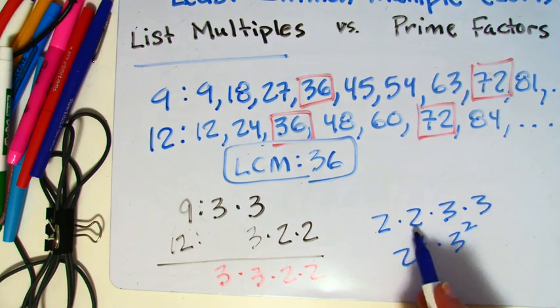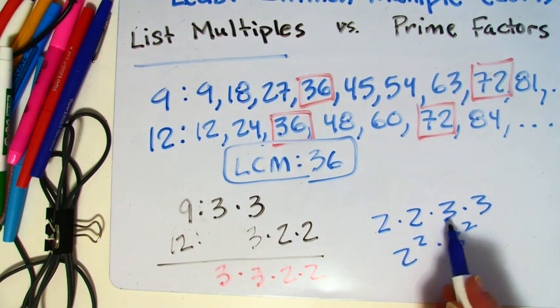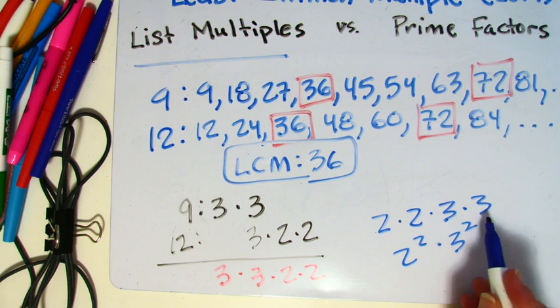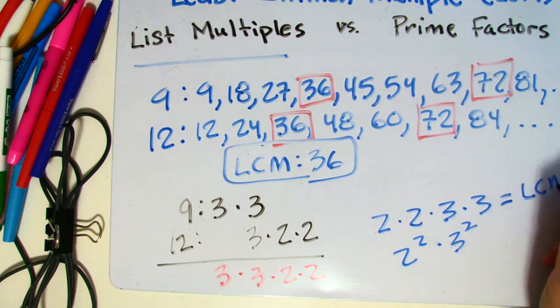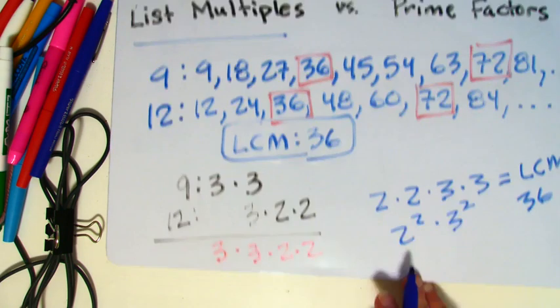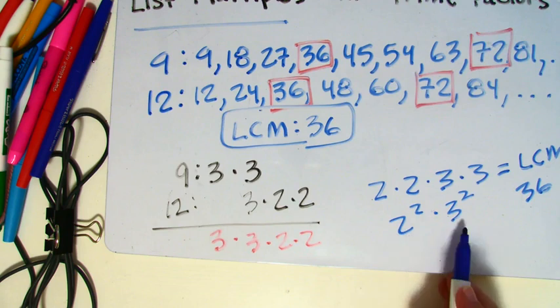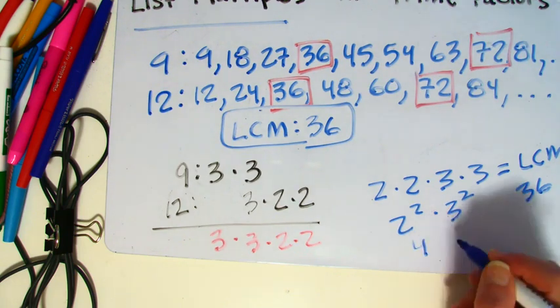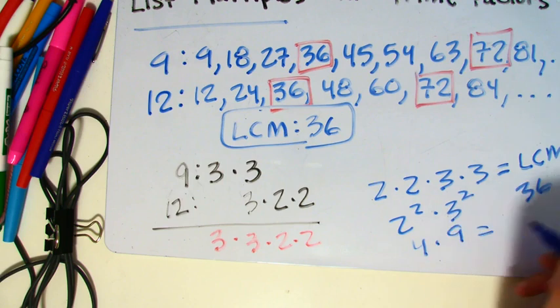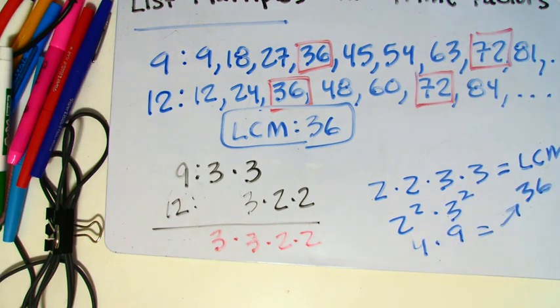Now 2 times 2 is 4, 4 times 3 is 12, and 12 times 3 is 36. So again, my lowest common multiple is 36. And if I figured it out in this exponential form, that's going to be 4 times 9, which again is 36.